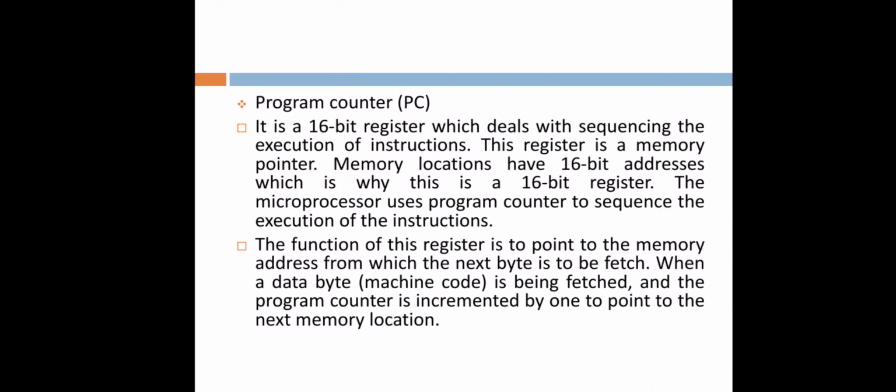The function of this register is to point to the memory address from which the next byte is to be fetched. When a data byte or machine code is being fetched, the program counter is incremented by one to point to the next memory location.